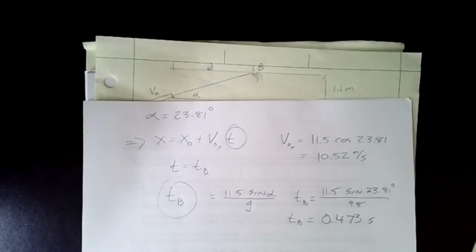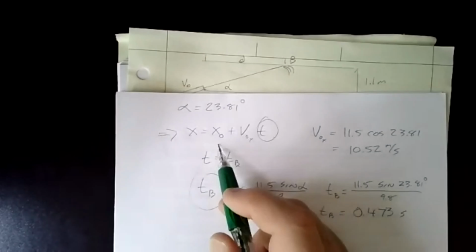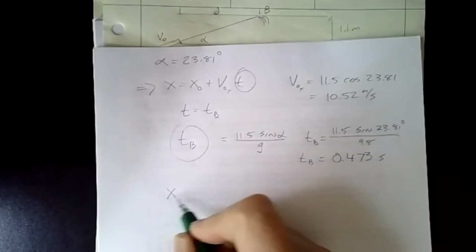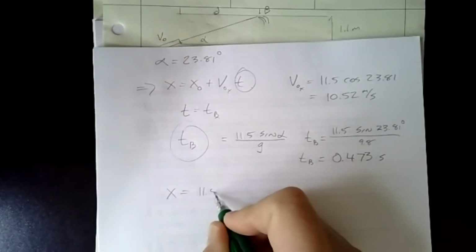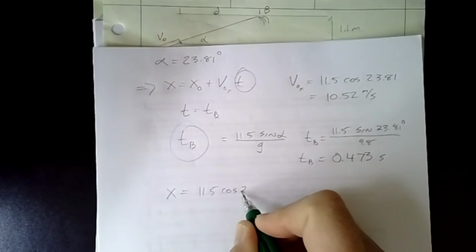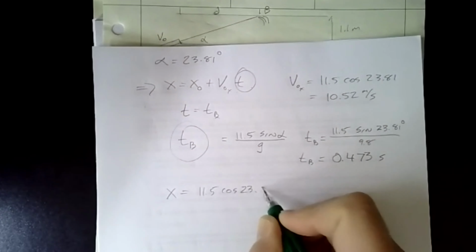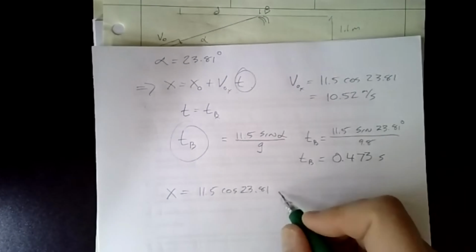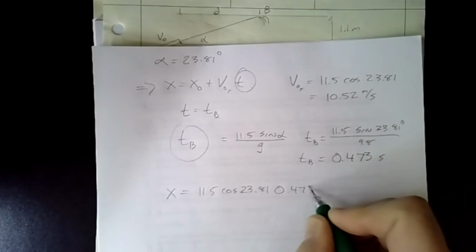Okay. So now that we know that, everything works for the x equation, because now what we can do is just say x equals 11.5 cosine 23.81, times the time of 0.473.